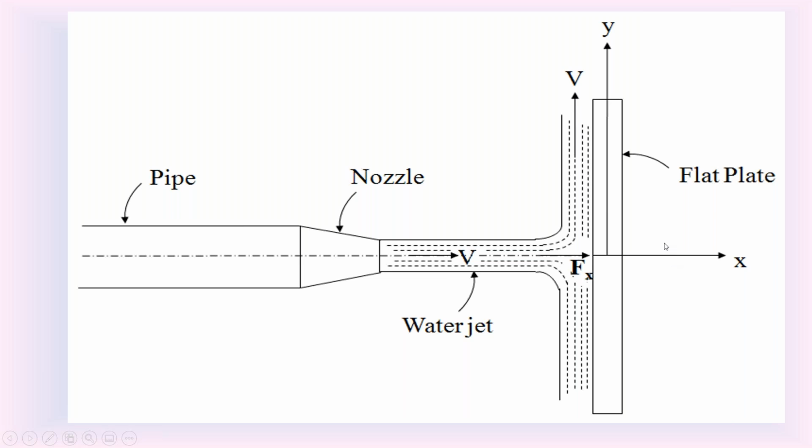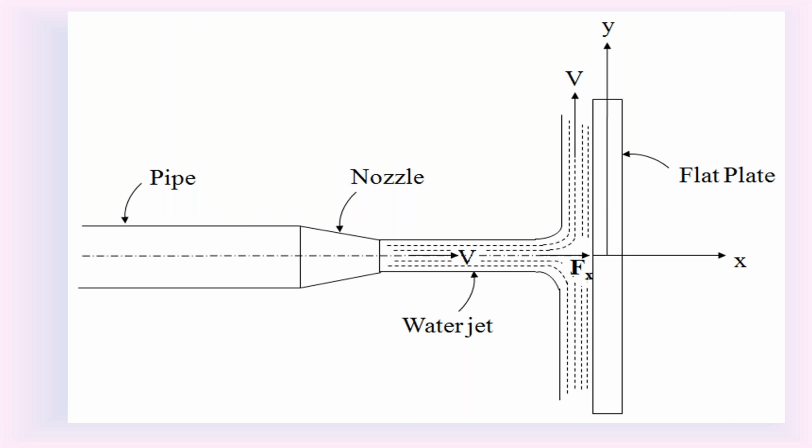Is it clear how that final velocity of the water jet in the direction of force Fx is 0? Is it clear to all? Or any doubts about that?